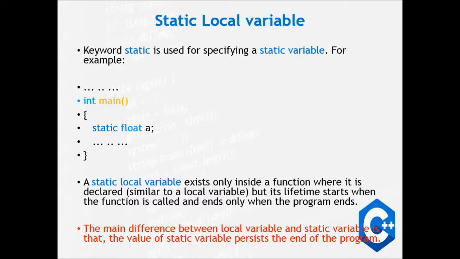A static local variable exists only inside a function, like a local variable, where it is declared similarly to a local variable, but its lifetime starts when the function is called and ends only when the program ends. The main difference between a local variable and a static variable is that the value of a static variable persists until the end of the program.